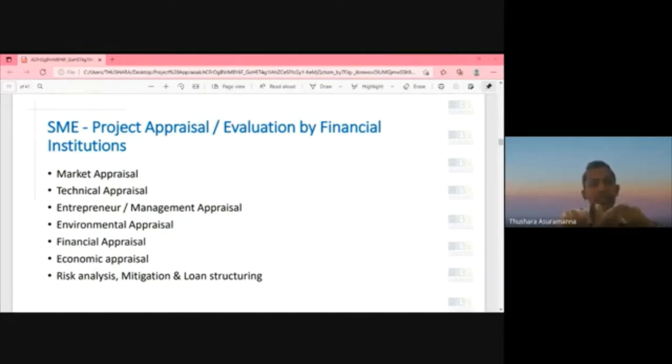Though we call it SME project appraisal, it's not only for SMEs; it's generally project appraisal evaluation done by a financial institution. Briefly: market, technical, management, environmental, financial, economic, legal, and many other things. You do evaluations and appraisals.